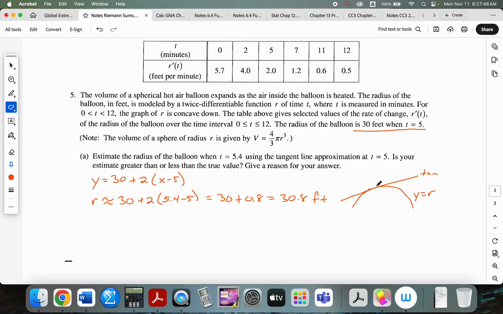So this tangent line is always going to be above because this is concave down. So is your estimate greater than? Our estimate is greater than the true value.